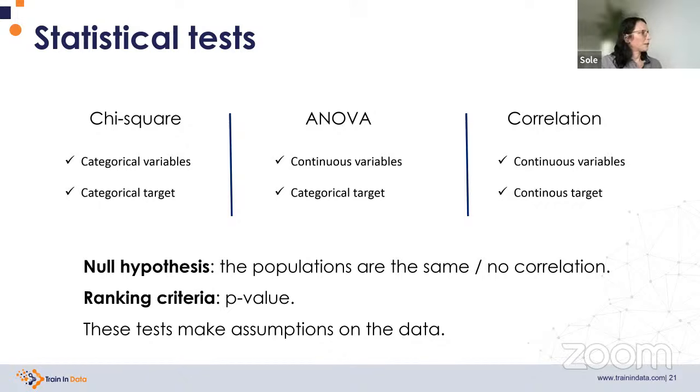Yes, for categorical variables and continuous targets, none of these methods are suitable. So you want to do something else, which is probably some of the things that I'm going to cover later on. And I think the only one that was left was categorical variable and continuous target, right? Yes. And the rest are covered. Okay. Cool. Yeah, thanks. No problem.